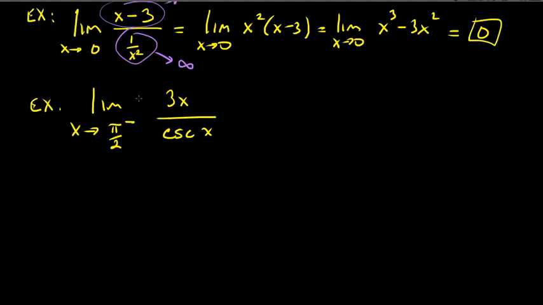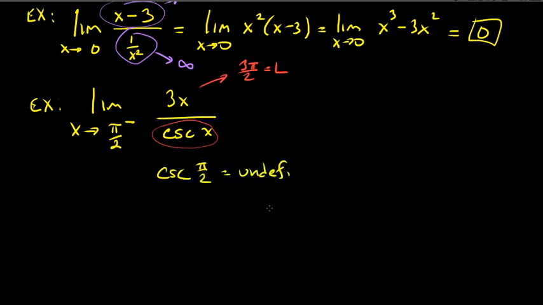Here my numerator approaches some finite number. This will be 3 pi over 2. So that's my L. So what's the denominator doing here? What's cosecant of pi over 2? Well, it's undefined.